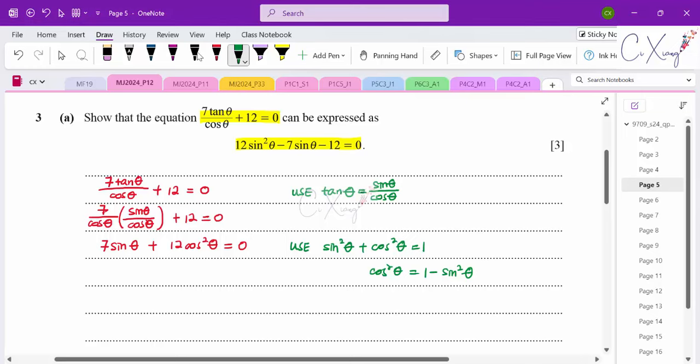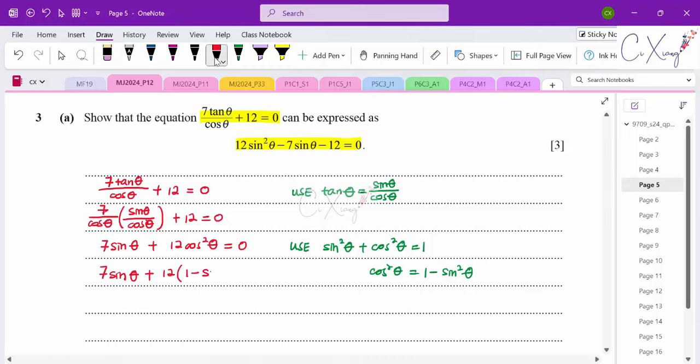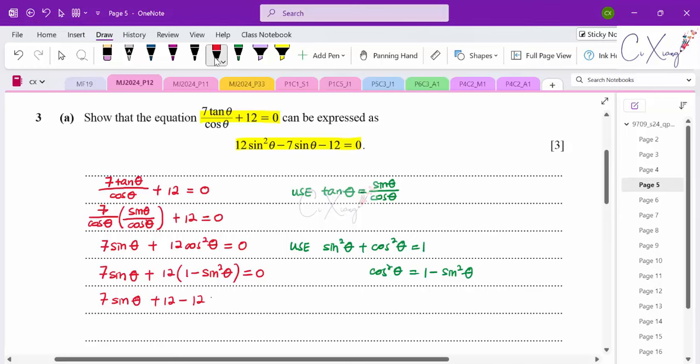So this is what I want to use here. So I replace it into my cos square. Rephrase the equation. Okay, so multiply a negative to the whole equation here. Okay, so this is how we get what they want us to prove.